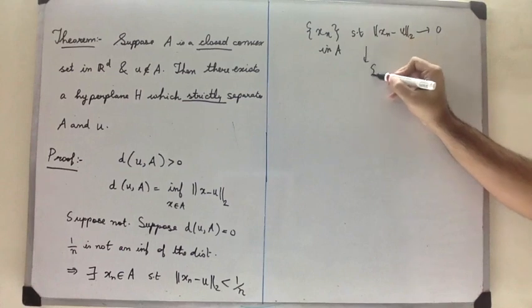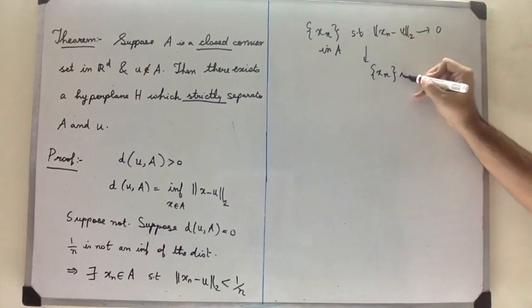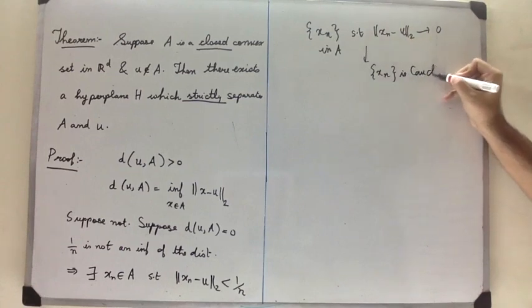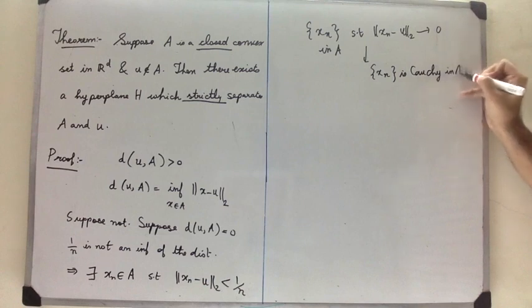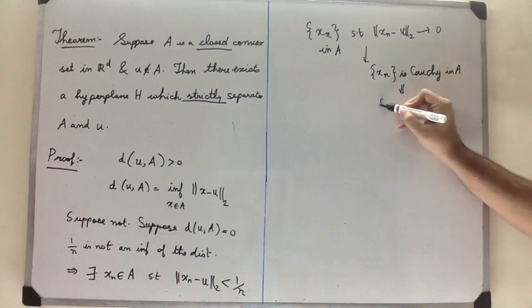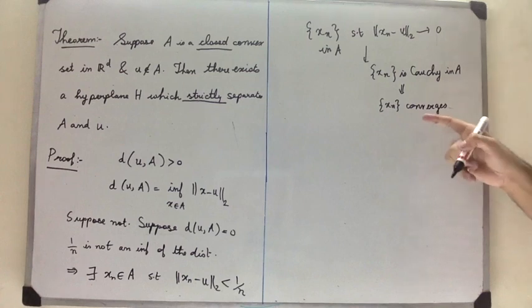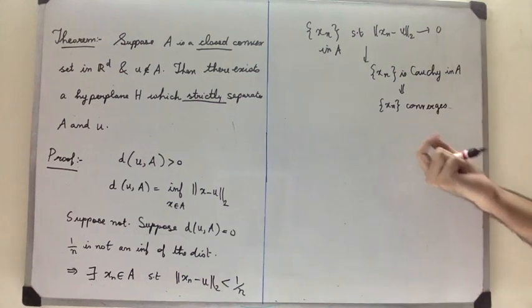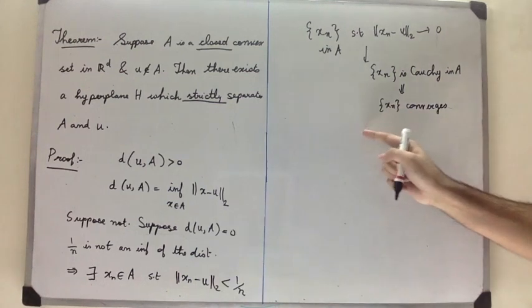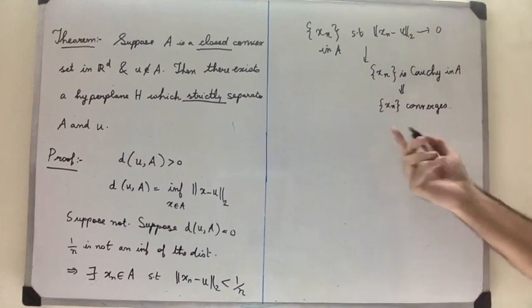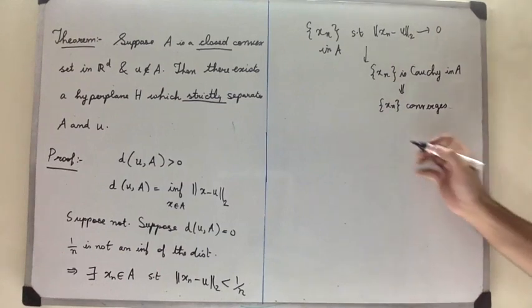You can show that this x_n is a Cauchy sequence in A, which implies x_n converges. In fact, you can show that x_n has a convergent subsequence. That would be easier using the Bolzano-Weierstrass theorem.